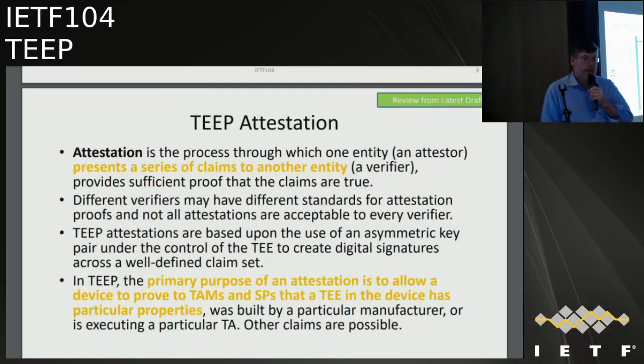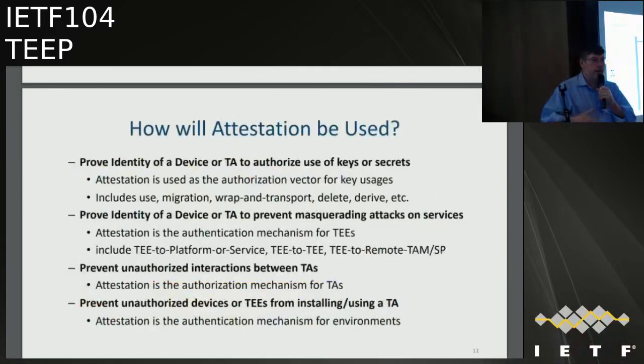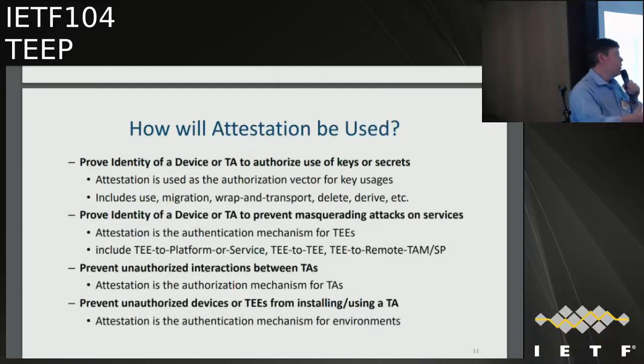So in TEEP, the attestation is going to be used for multiple things. It's going to prove the identity of the device, or prove the identity of the TA, so that a TAM or a service provider could authorize the use of keys. That's an example. Prove the identity of the device or TA so that you can prevent masquerading type attacks on a service provider.